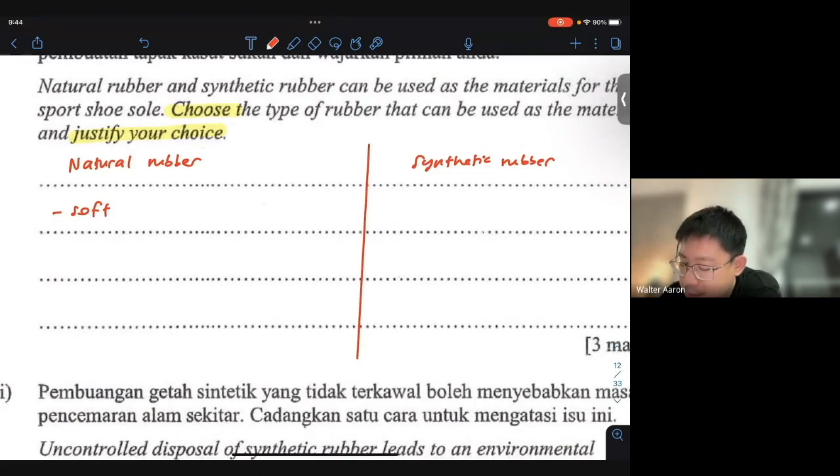Then explain. How to explain this? Softness, more comfortable for the feet.